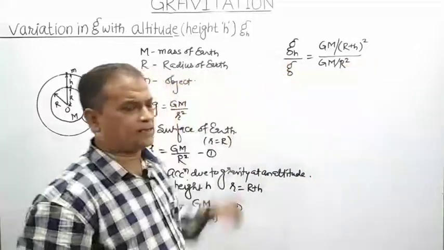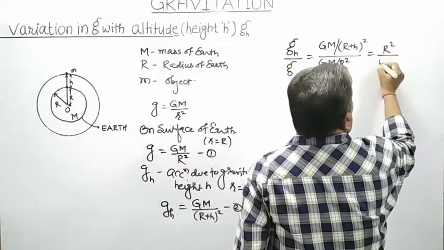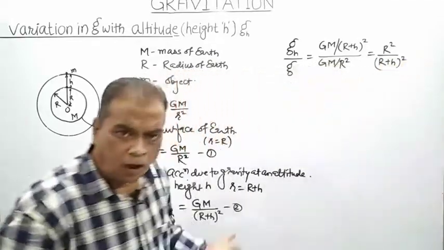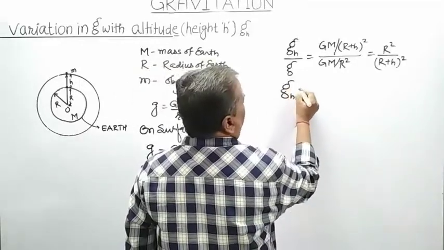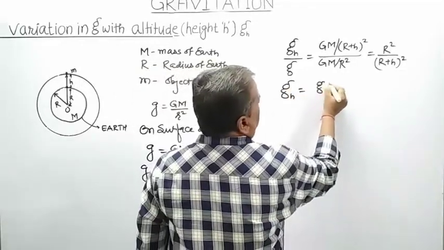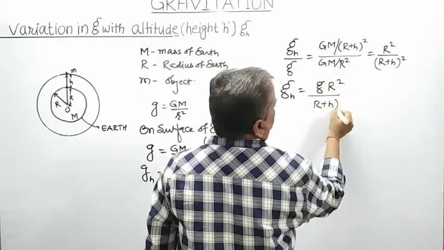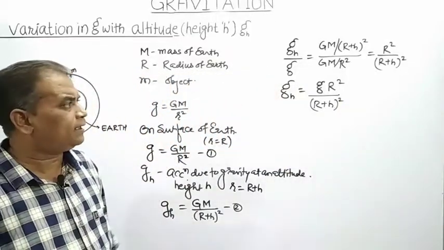So this GM gets cancelled and we are left with R square upon (R plus h) whole square, or acceleration due to gravity at an altitude h is equal to g into R square divided by (R plus h) whole square.